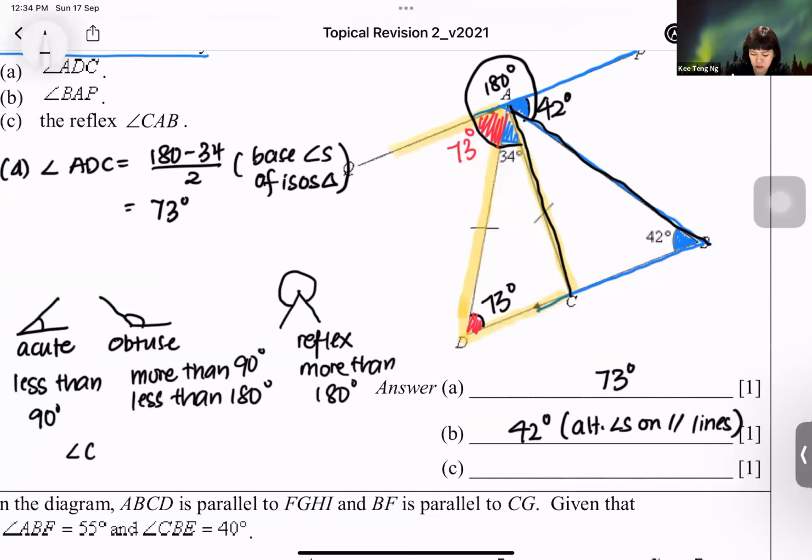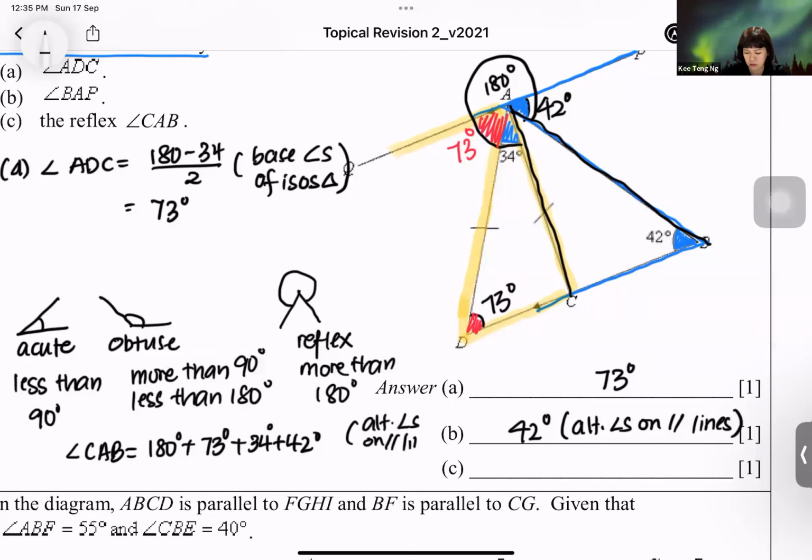So angle CAB will be equal to 180 plus 73. This 73 is because of alternate angles on parallel lines. That's another 42. There's another reason here too: alternate angles on parallel lines.